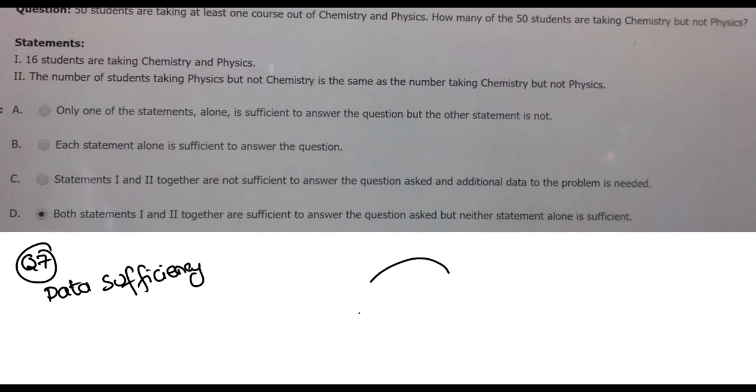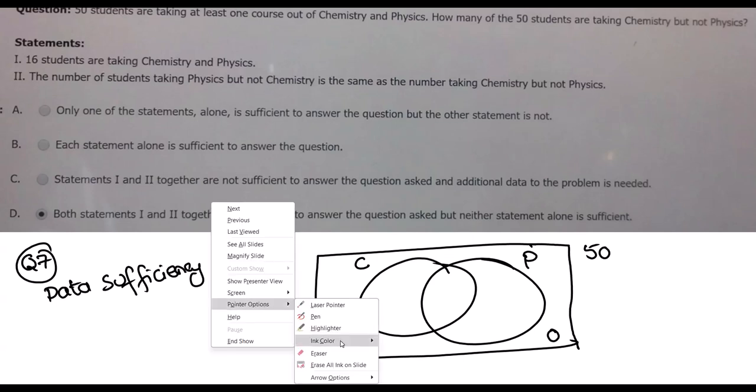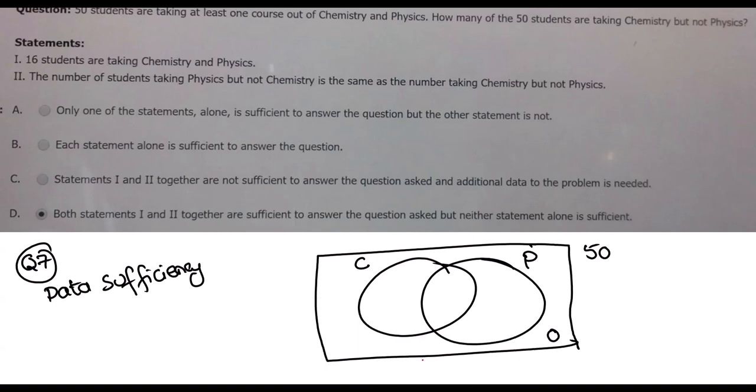Chemistry but not physics means, as per the first information in the question, total 50 students. This is 0 because they are going for at least one of the courses, chemistry or physics. They're asking only about this area.